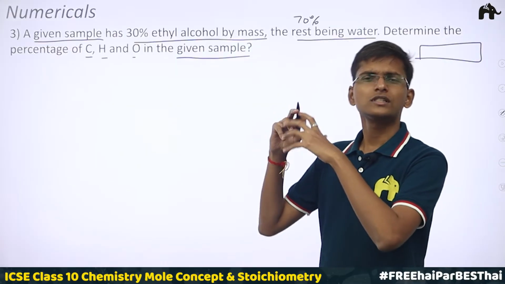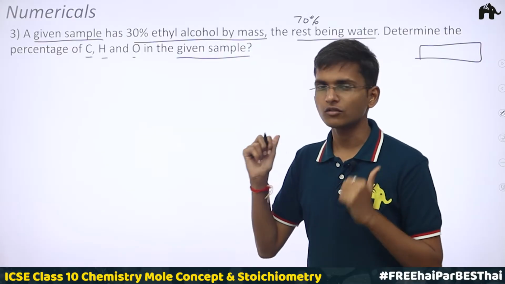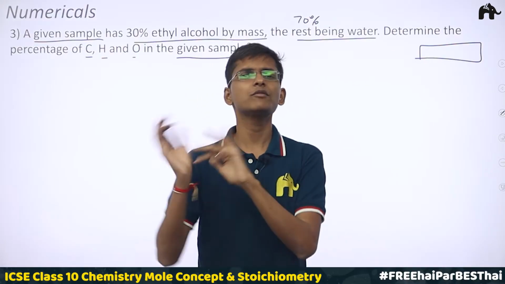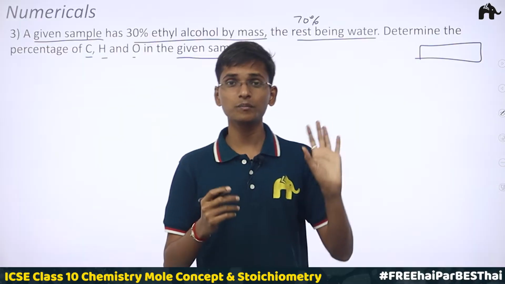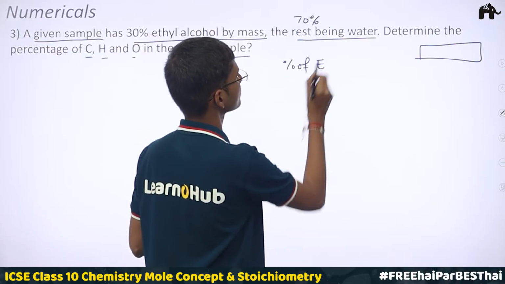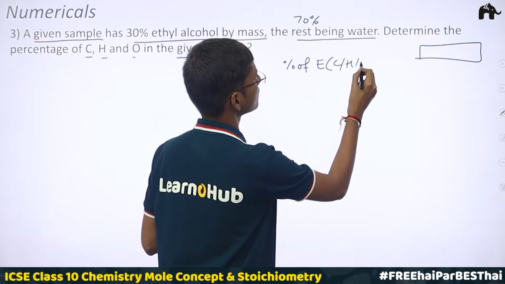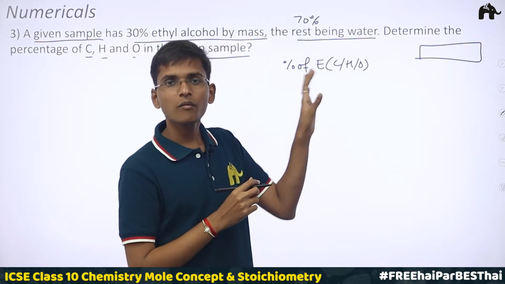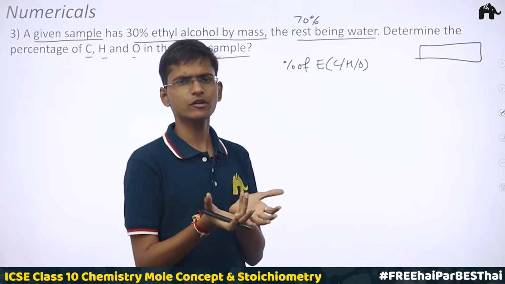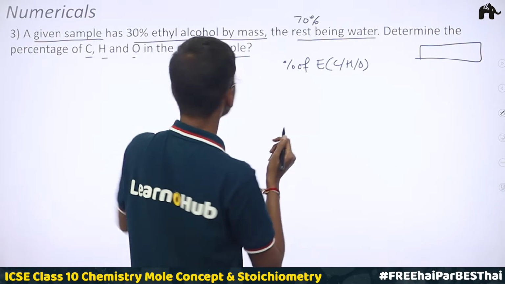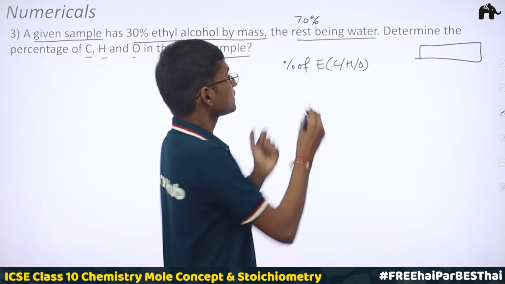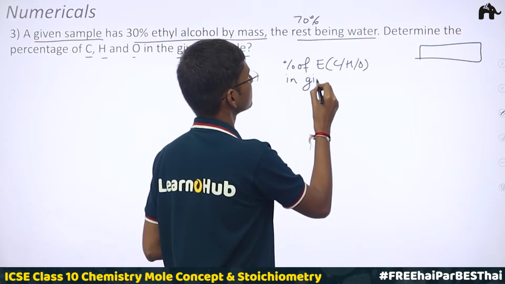So we are going to simply derive the formula for finding out the percentage of element in this sample by the same type of formula which we have learned for finding out the percentage of element in a given compound by weight, right? So percentage of element, I'm here writing carbon, hydrogen, or it can be oxygen, because here we are finding out the percentage of these three elements. Now percentage of elements in given sample, right?